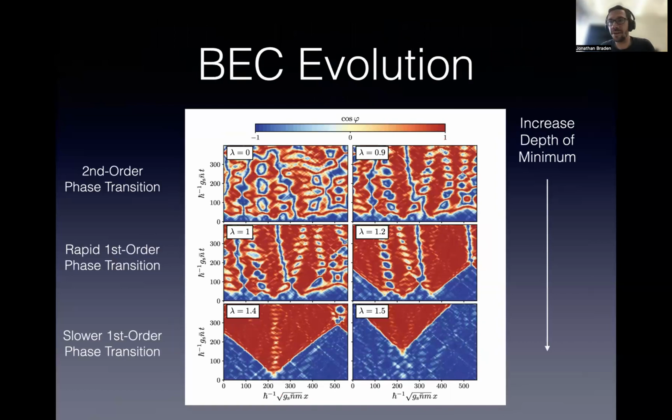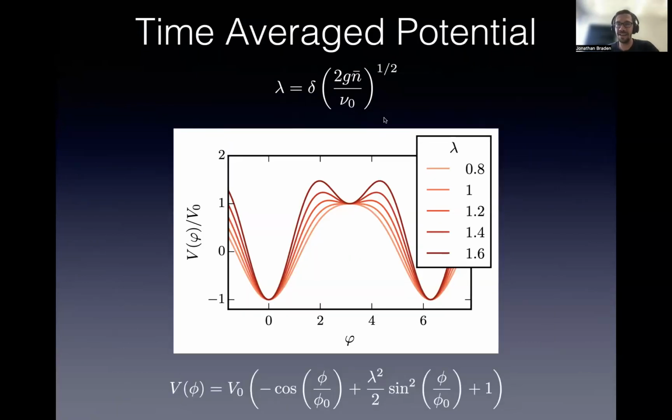All right, and so then you can do numerical simulations of this just to see if this hand-wavy theory is actually correct. So what I'm doing here, I've got this parameter lambda, which is proportional to the amplitude of the modulation in that coupling constant I had in the BEC. As I make it 0, I'm at a local maximum here.